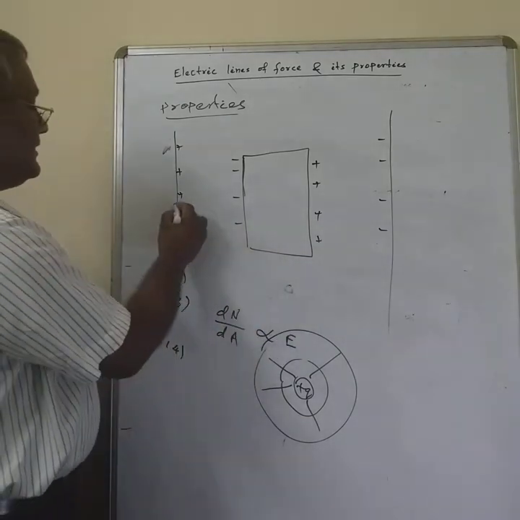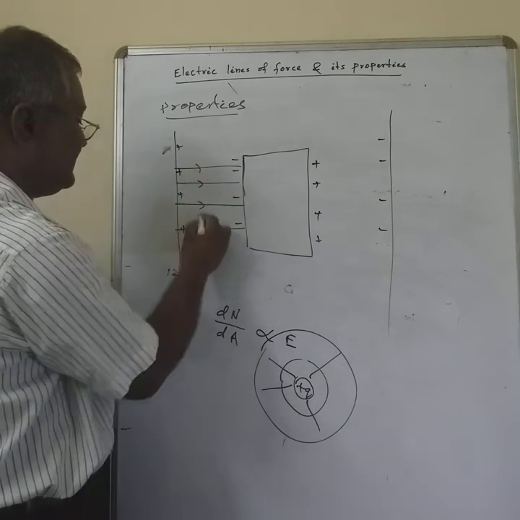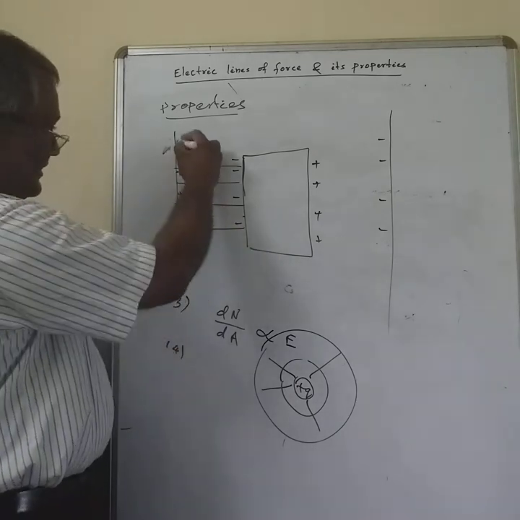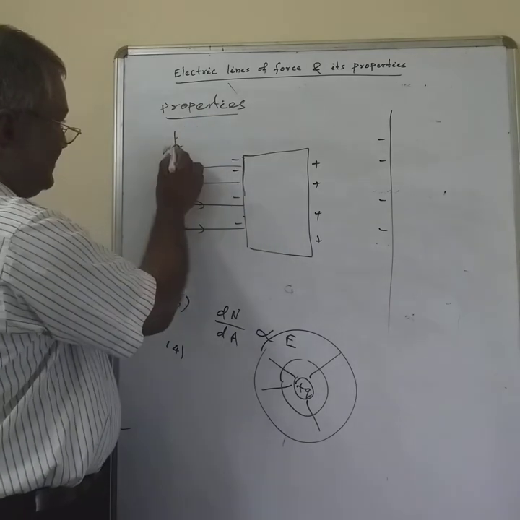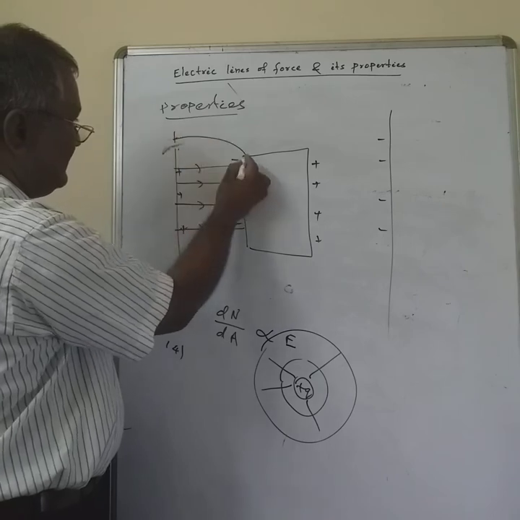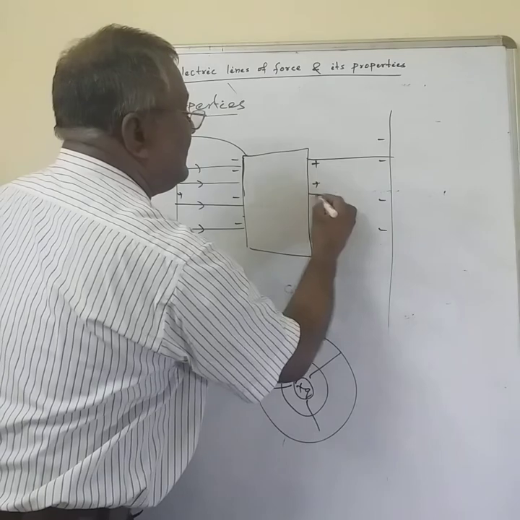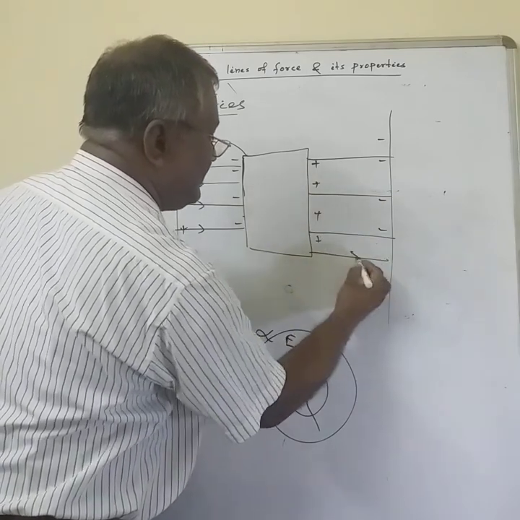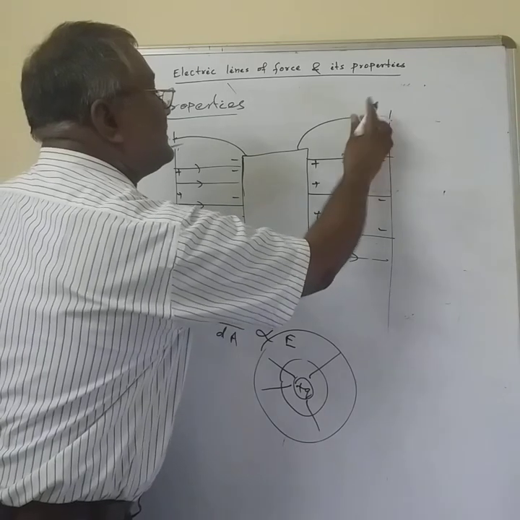How do the electric field lines go? Here it will be like this. Positive away, negative towards. And here the field lines will be like this. Here field lines will be perpendicular. Just see here.